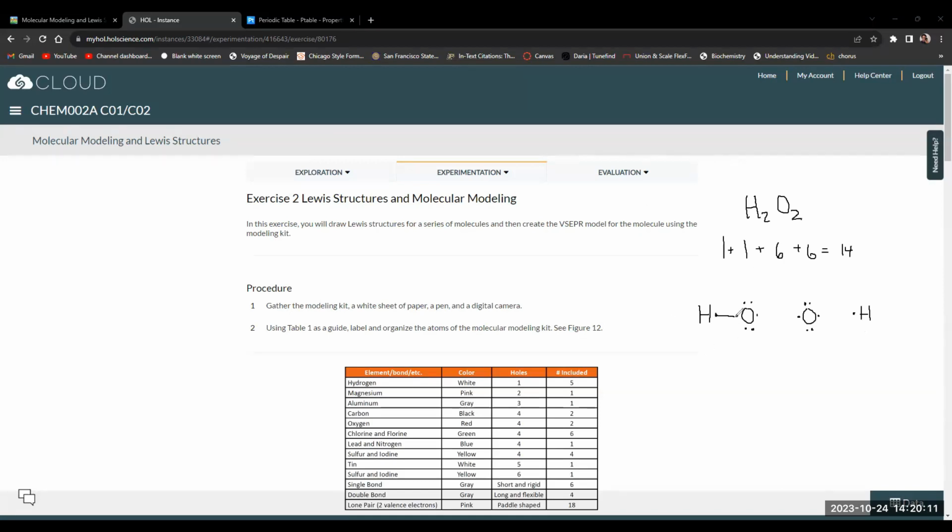And then just go ahead and create our bonds here. Remember hydrogen, only one bond. We have this middle one. So let's count. Two, hydrogen's happy. Two, hydrogen's happy.